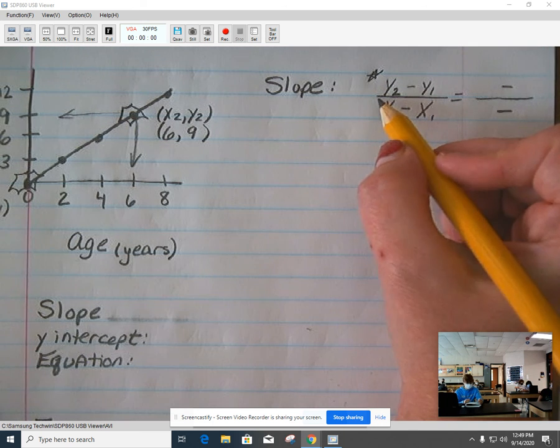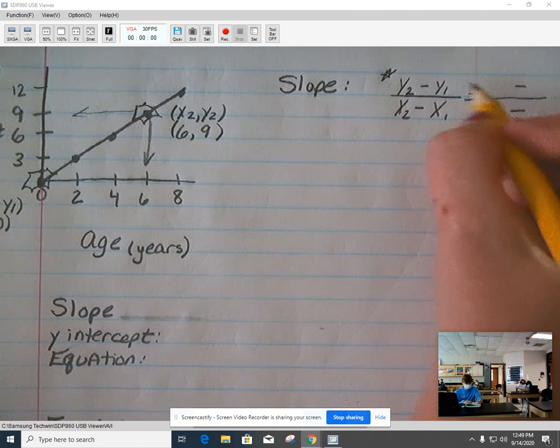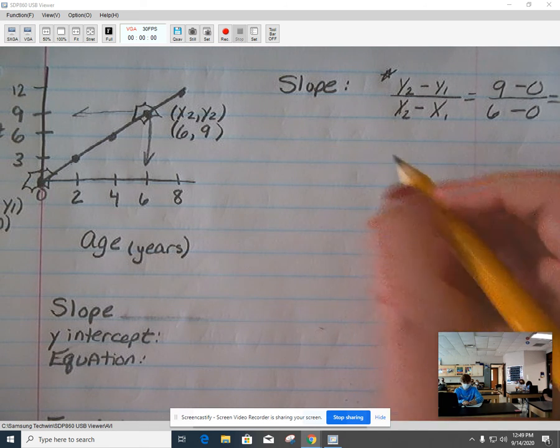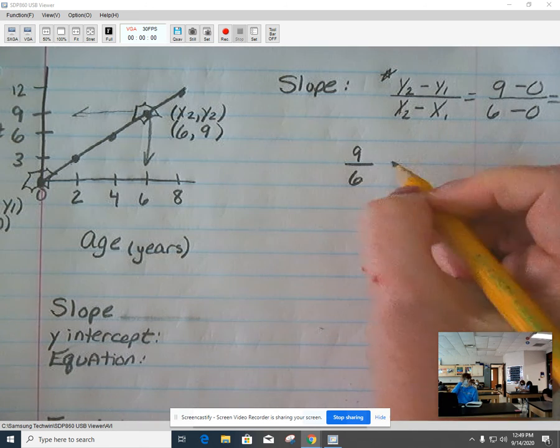Top is y2. Yep. 9 minus 0. Nailing it. And then 6 minus 0. Excellent. So we are so close. So we've got 9 over 6.